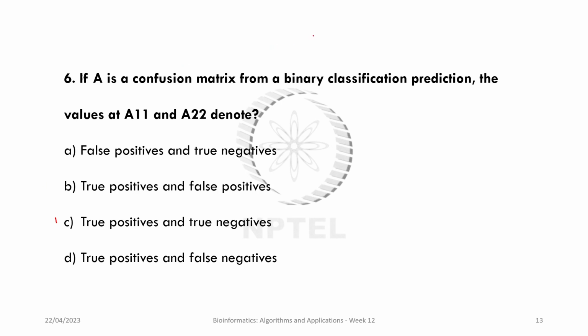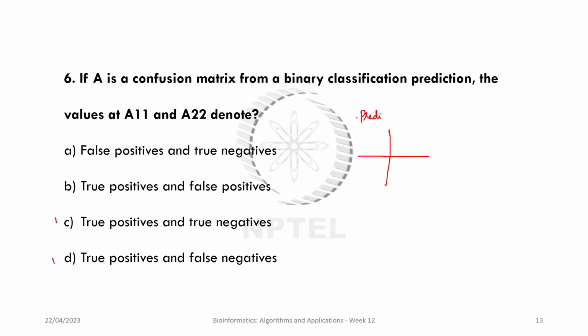So, you know what a confusion matrix is, right? So, previously, Nagamani says D, that's nice. So, we have some difference in options.